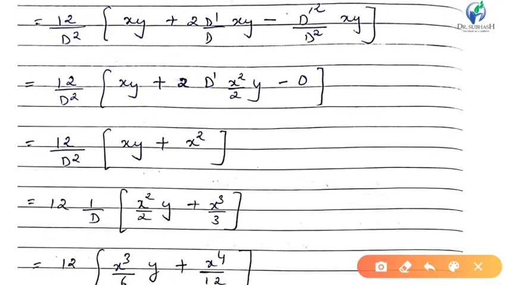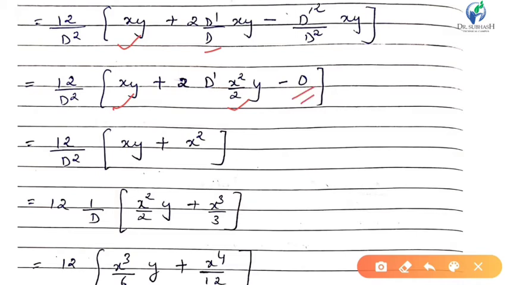Now this xy will be as it is. First I am integrating with respect to x, since we have D in the denominator. I get x square by 2y, and if I integrate it and then differentiate it with respect to y, the term will become 0.